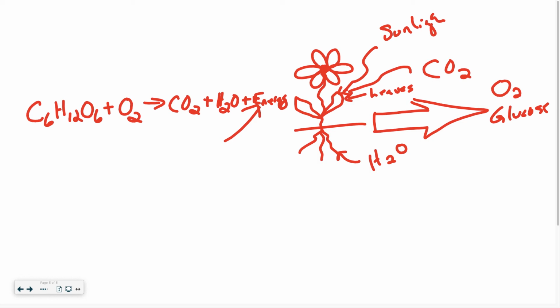Where do you put the energy you get from cellular respiration? Over here we had sunlight energy. We use carbon dioxide and water, and it is stored in glucose.